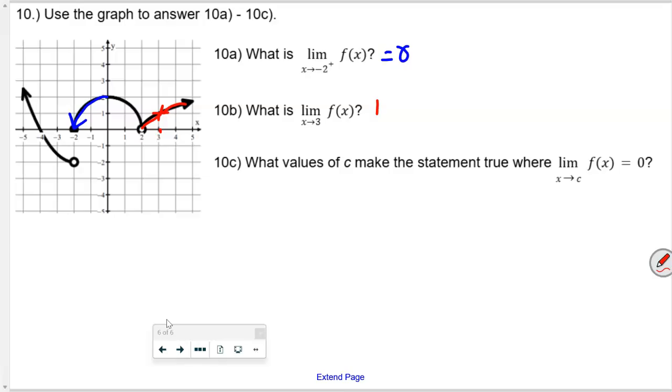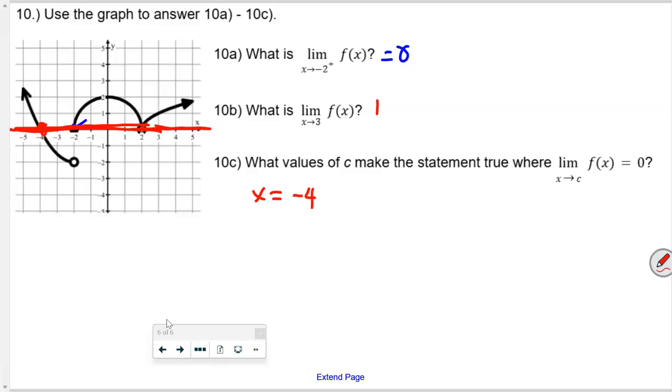Then it says what values of c make the statement true where the limit as x approaches c of f(x) equals 0. So we're trying to find what values it is going to cross here. That's what we're really looking for, okay? What values there, okay? So when we answer this question, obviously, where x is equal to -4, right here, right?